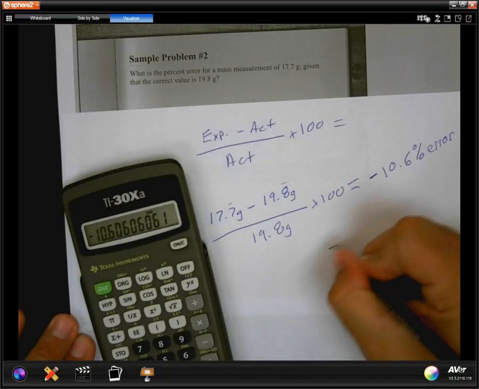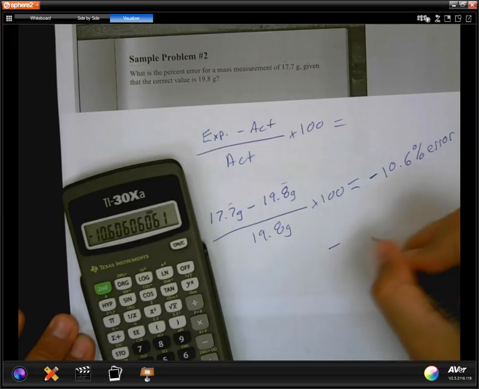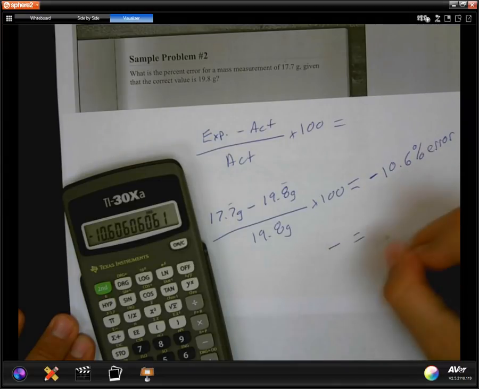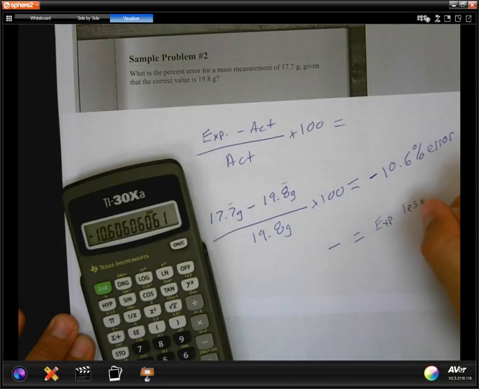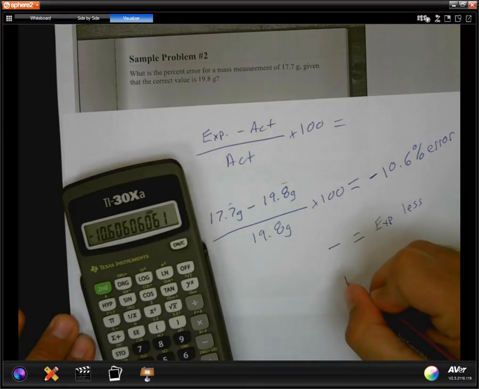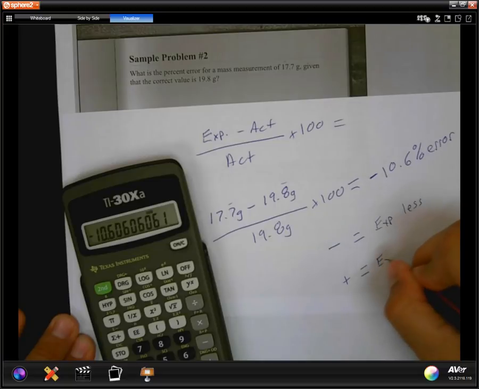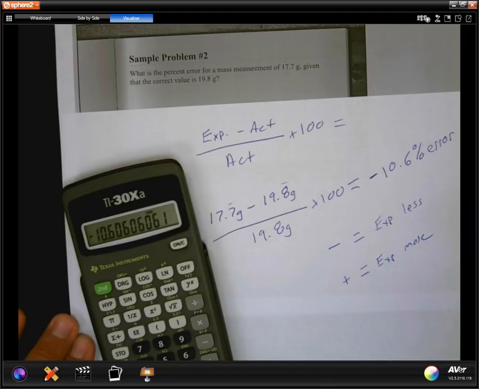So a quick general concept here is if something is negative, that means your experimental was less than the correct number. And if your percent error was positive, that means your experimental was more than the true or accepted value. Just a quick general idea to see from the math.